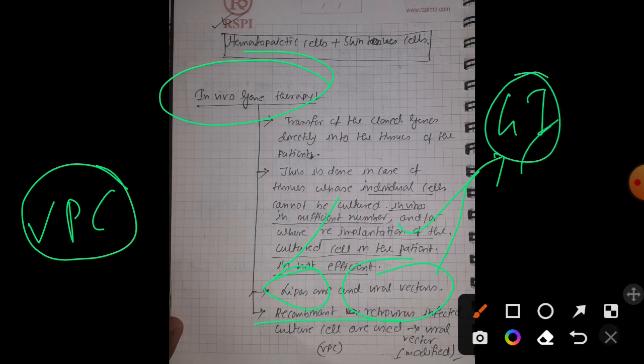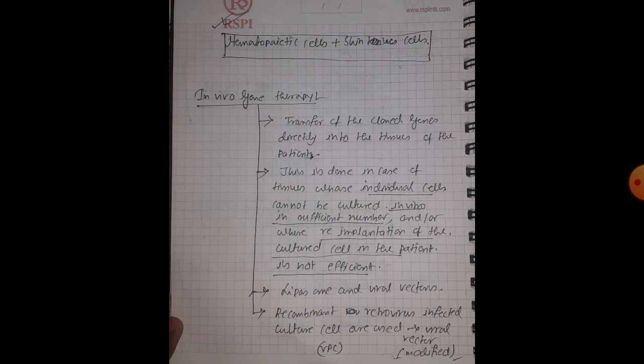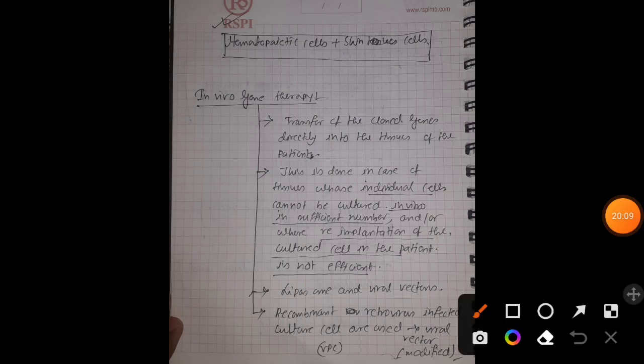Now, there are various disadvantages of in vivo gene therapy, because first, we are directly transferring the vectors inside our body. Although it is a modified vector and the viral vector does not have the ability to infect us, still.